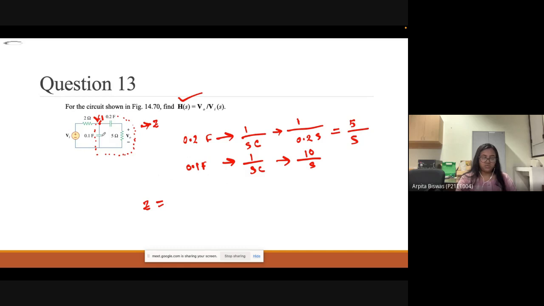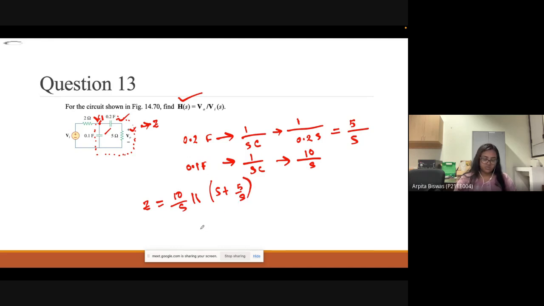So Z equals, from this side we are taking, this 10 by S is parallel with the 5 plus 5 by S. So this one and this one are in series, which is parallel with this 0.1.